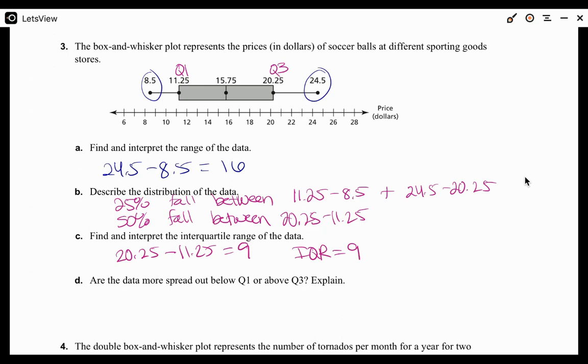Are the data more spread out below quartile 1 or above quartile 3? So if we look, is it more spread out here or more spread out here? Well, it's more spread out above.